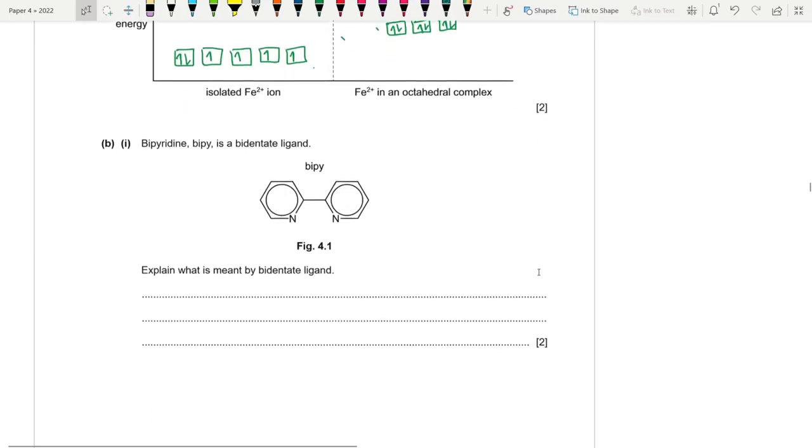So bipyridine, bi-P, is a bidentate ligand. What is meant by bidentate ligand? Okay, so we know that the ligand has a lone pair to form a dative covalent bond, but a bidentate has two.